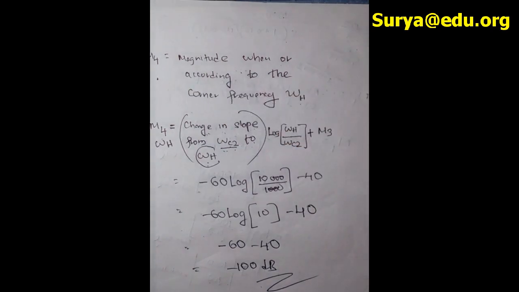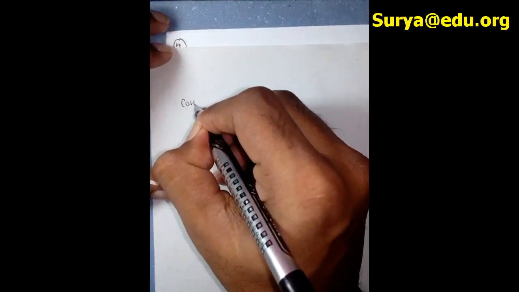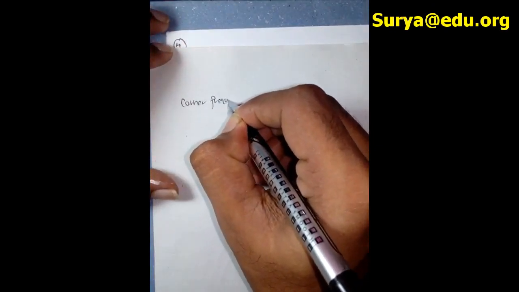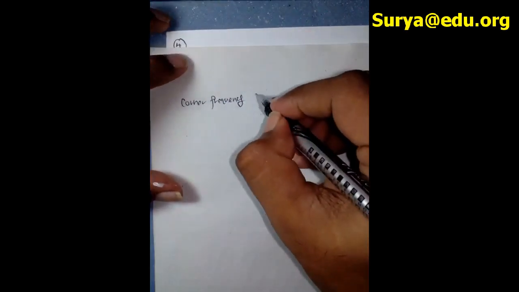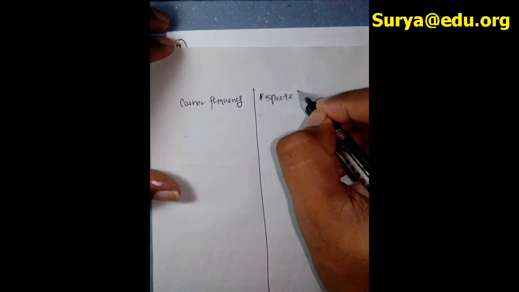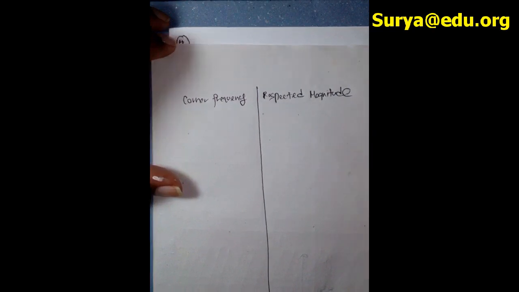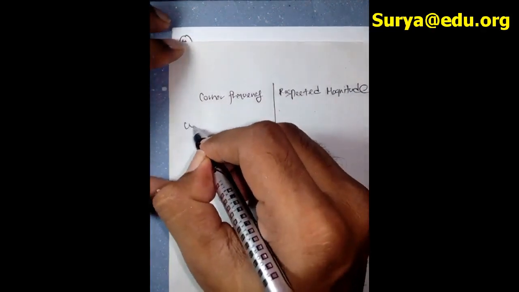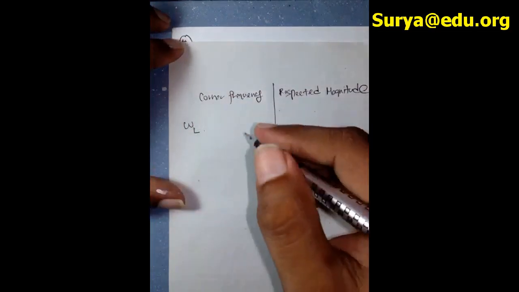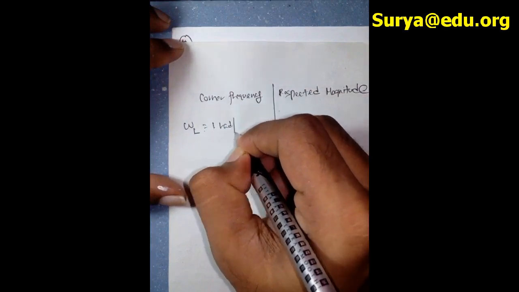So now we have successfully calculated all the necessary magnitudes for the respective frequencies. Got it? So now we can represent it like that. This is the corner frequency, and this is the respective magnitude. The first corner frequency is omega L, which we introduced, equal to 1 radian per second.